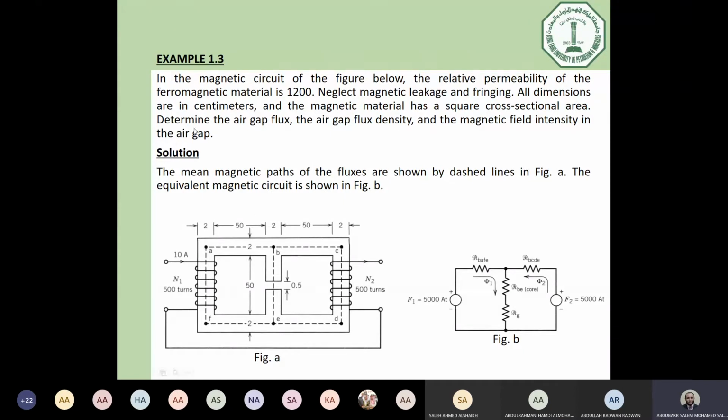The requirement is to determine the air gap flux, the air gap flux density, and the magnetic field intensity in the air gap. So we need phi, B, and H. In order to solve this kind of problem, we have firstly to recognize the dimensions.